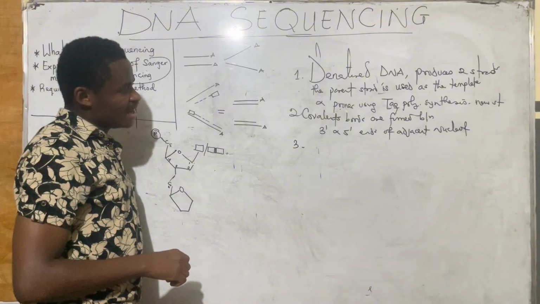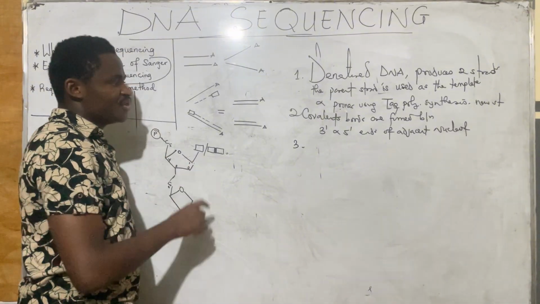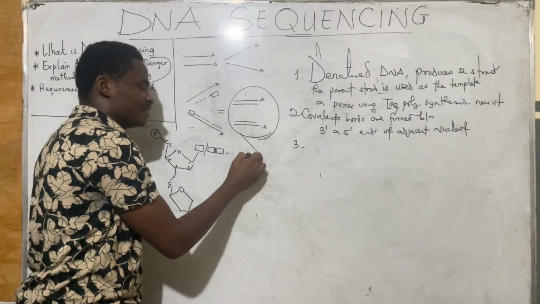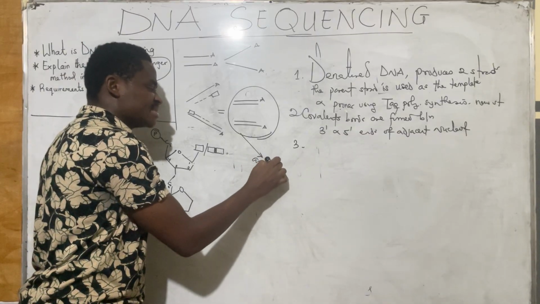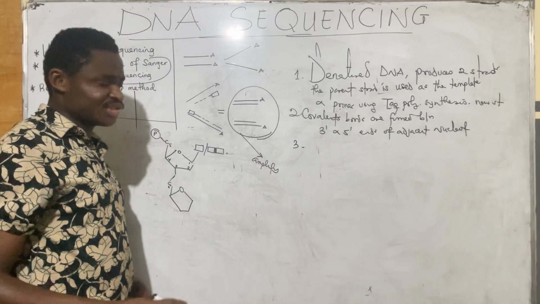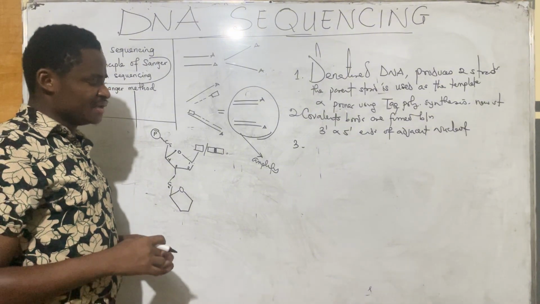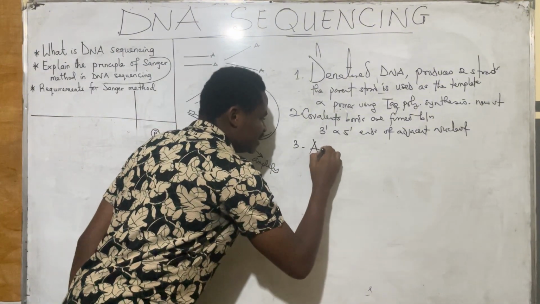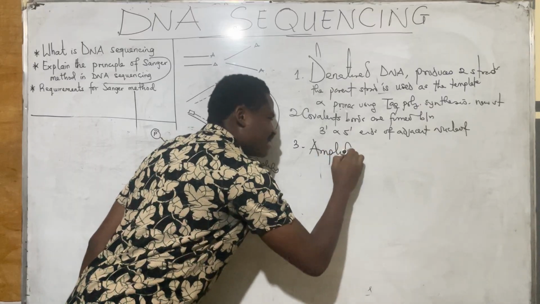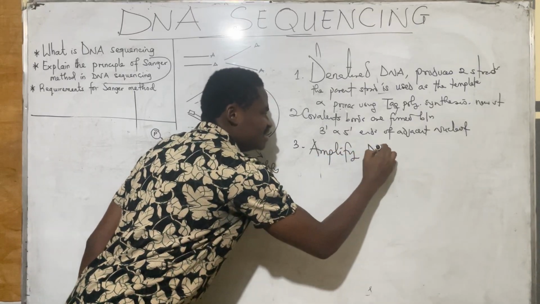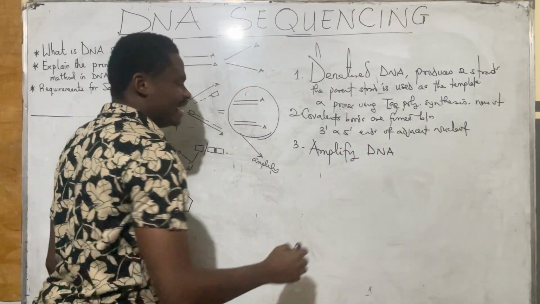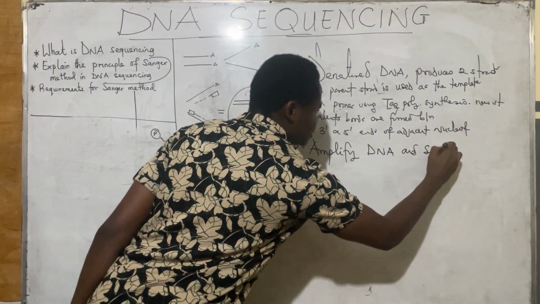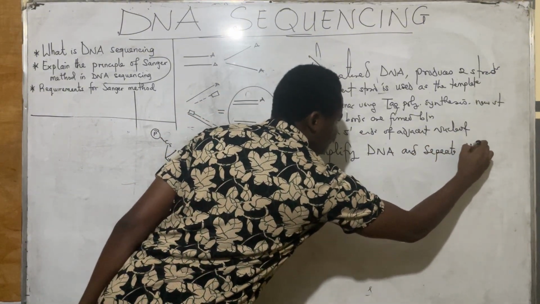Now, having this in mind, the third step should be that take all the newer strands and amplify them. Amplify simply means do what we call polymerase chain reaction. A video has been dedicated to it. Then you can check it out in the playlist. So we are going to amplify these DNA segments. We make many copies of them, and we separate them into 4 test tubes.